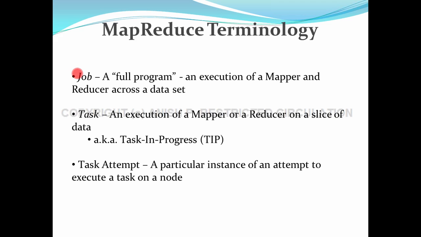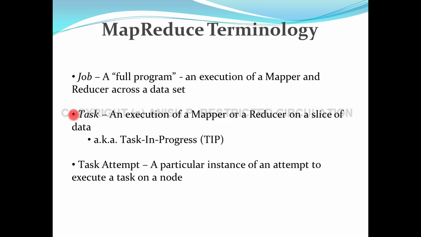So all of you understand the job now very well. It is the MapReduce job, the typical terminology that we are using. That is an execution of two processing layers, one is the mapper and the second is the reducer. So my job is getting executed on the data set with these two stages, that is mapper and reducer.